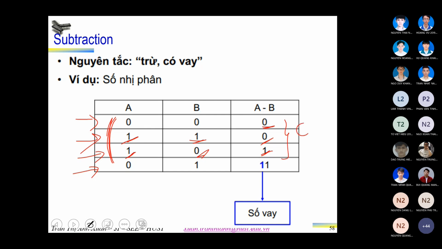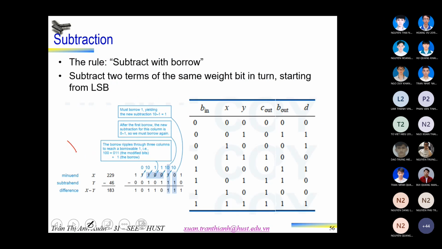So here the borrow is equal to 0. And the final case we see here, if A is equal to 0 and B is equal to 1, then A minus B, the difference here is equal to 1 and the borrow is equal to 1. So we use this rule for this example.